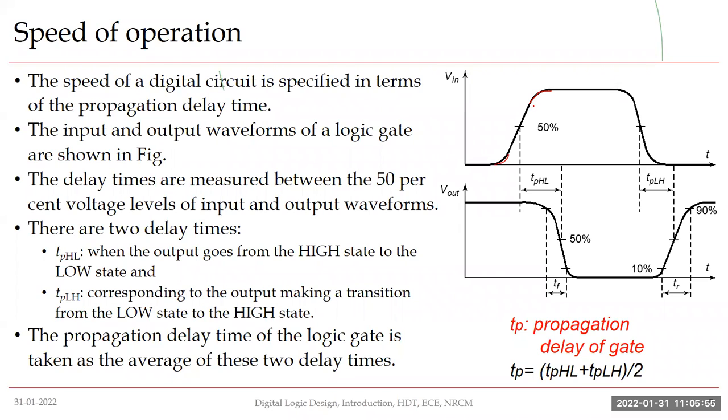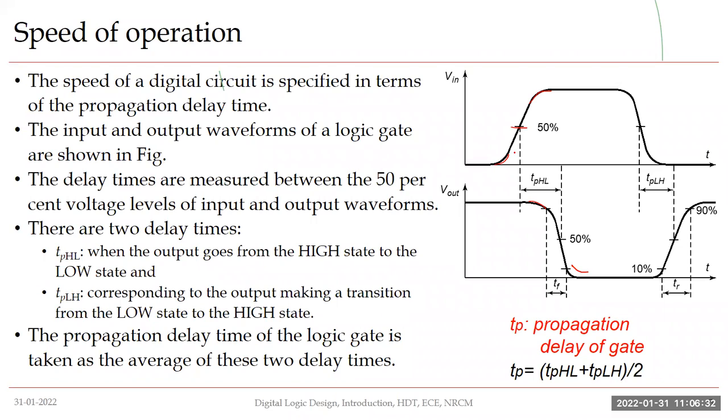That, okay, my input has changed. Similarly, the output started changing at this point and it finally saturated at this point. The question is, what time should we consider as the reference when we say that the output has changed? For that very reason, we say that when the input has changed by 50%, we start calculating the time.